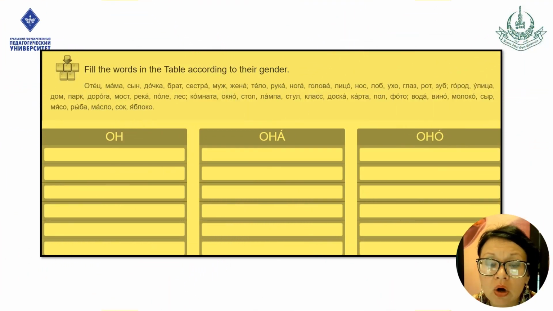Лицо, o ending corresponds to оно, neutral gender, right? Оно, лицо. Нос, s, hard ending corresponds to он, right? Well, clear and not very hard. Лоб, we write b, but in final position Russian voiced consonants become voiceless, right? So we write лоб, but we say лоп.